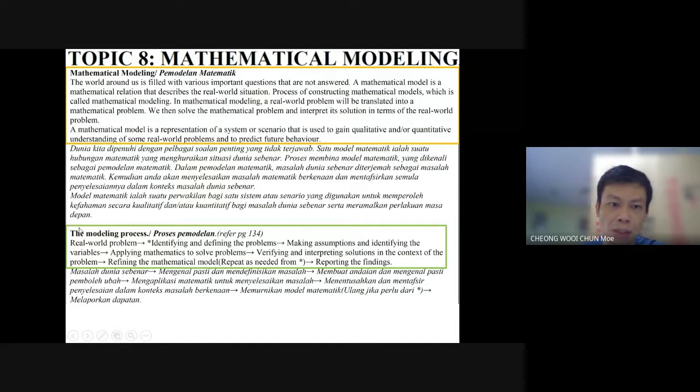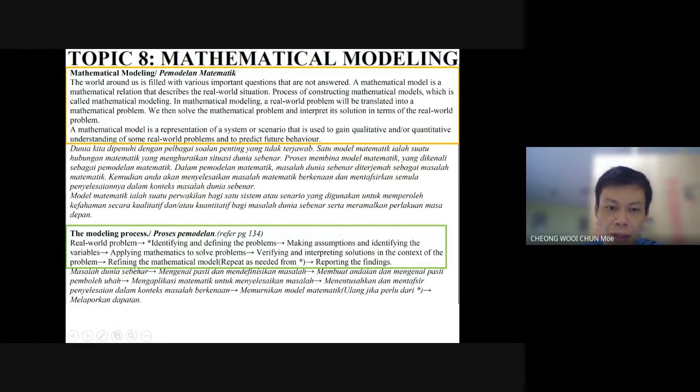Okay, so the main thing is the modeling process. First of all, you need to start with identifying and defining the problems. Then only making assumptions and identifying the variables. Third will be applying mathematics to solve problems. Fourth, verifying and interpreting solutions in the context of the problem.